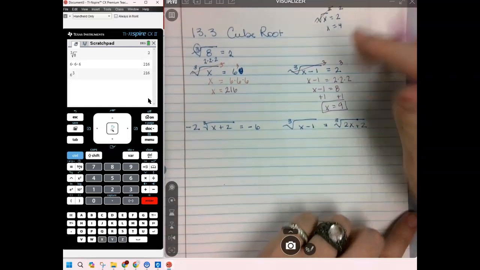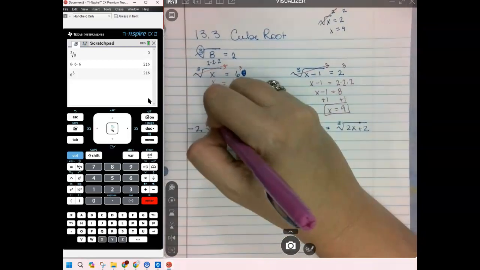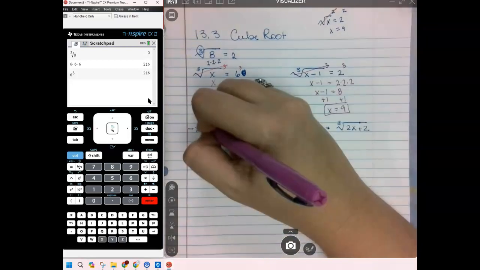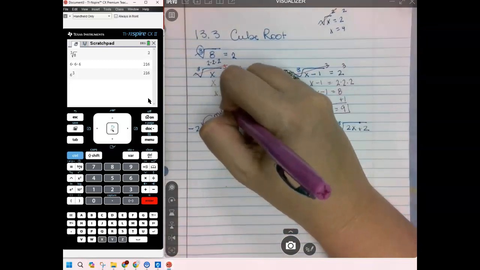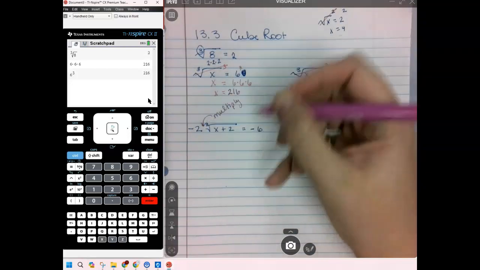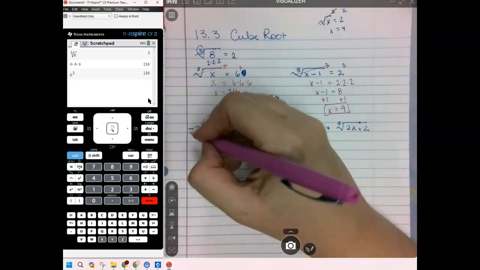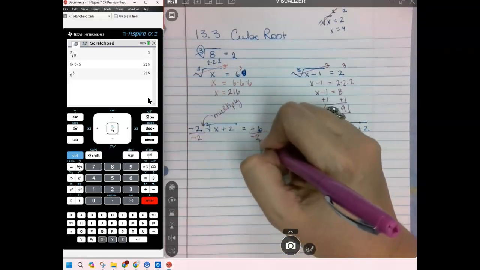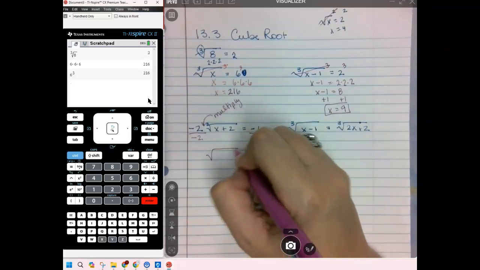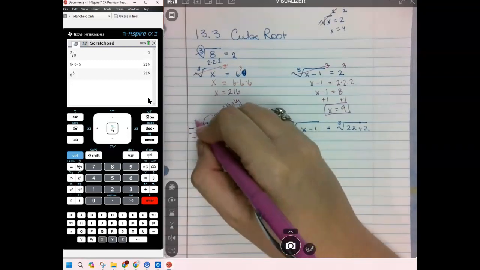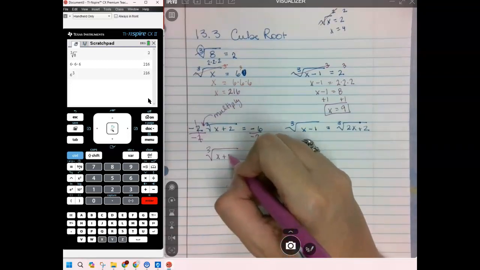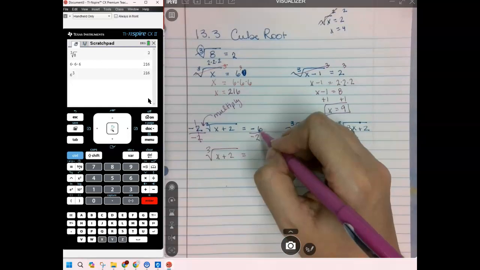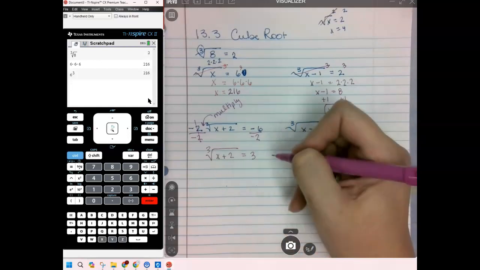Okay? The next one. Remember what's in between here? This is multiply. So to get rid of the negative 2, I need to divide by the negative 2. And I get the cube root of this, because these cancel, equals negative 6 divided by negative 2 is 3.